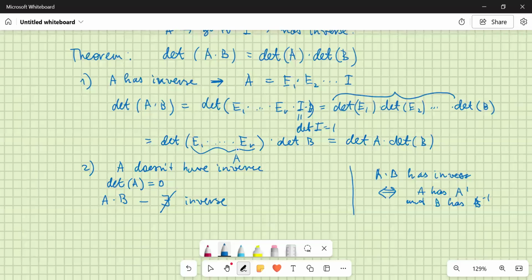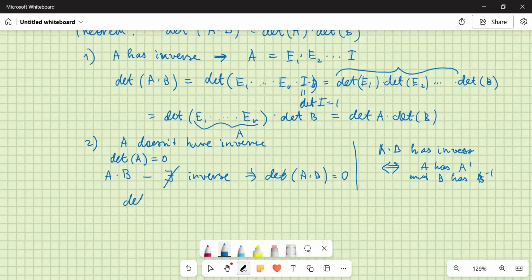But if A does not have an inverse, it means that the product is not going to have an inverse either. It means that the determinant of the product is also going to be 0. And what we have, the determinant of the product AB, is equal to 0.